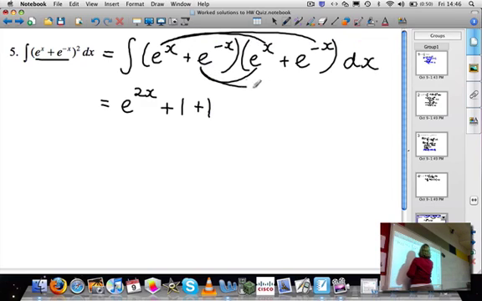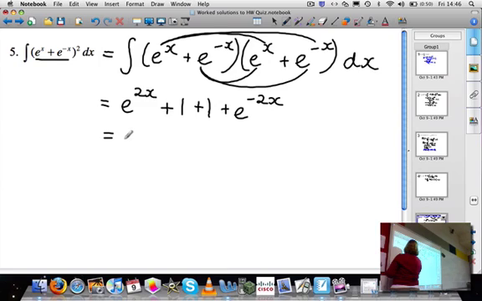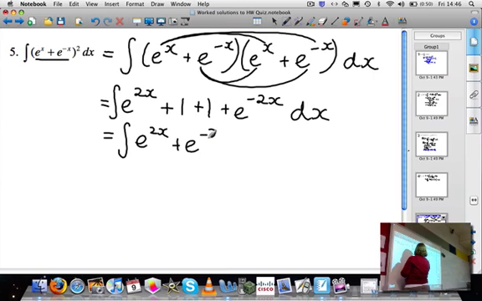And lastly, e to the negative x times by e to the negative x is e to the negative 2x. Now I can simplify this expression before I go and integrate it. So I'm going to have the integral of e to the 2x plus e to the negative 2x plus 2.